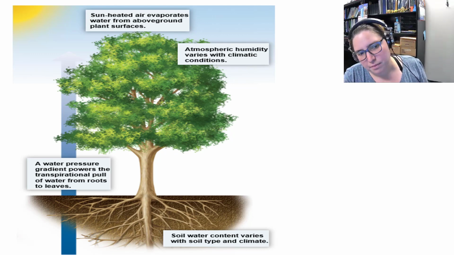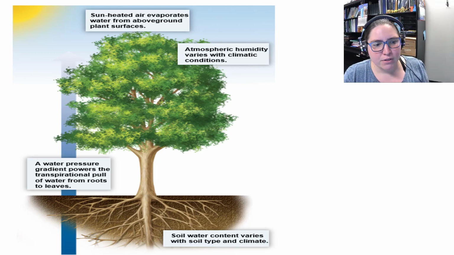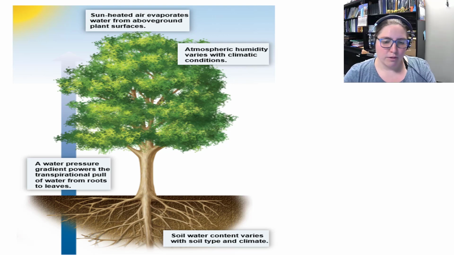So you have a water pressure gradient that powers the transpirational pull of water from the roots all the way to the leaves. Obviously, it depends on atmospheric conditions; if it's more humid, this doesn't work as well. And it depends on the soil water content, because if there's not enough water in the soil, the plant can't pull it out of the soil. But generally, this is how it works.